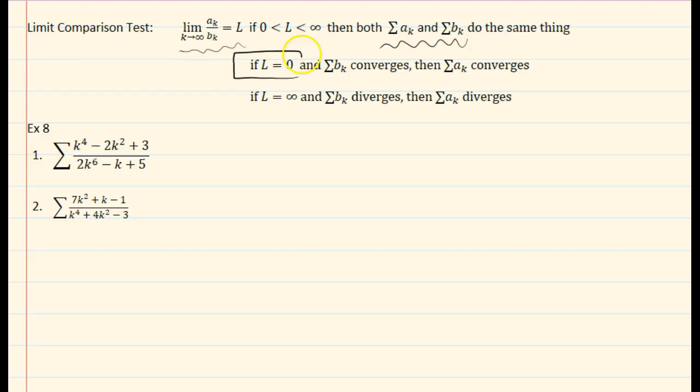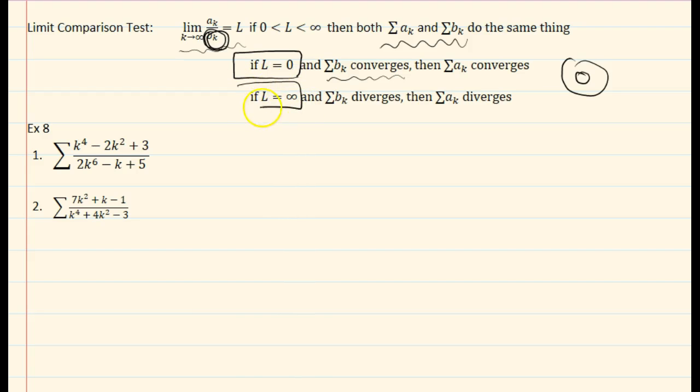If L does equal 0, that means B converges, and the limit is equal to 0, that means B was actually bigger than A, so we can see that if B converges, then A converges.